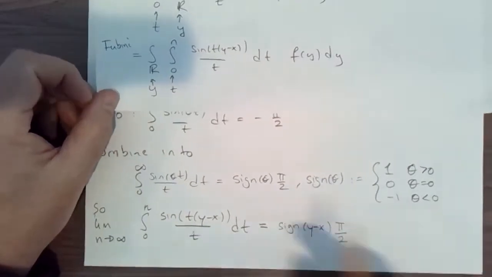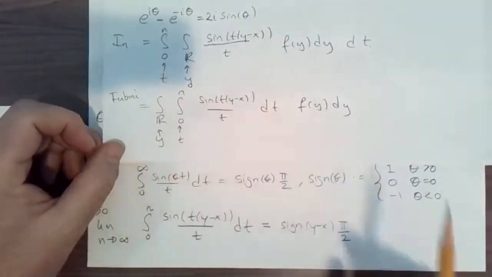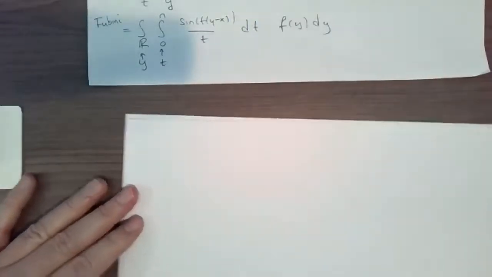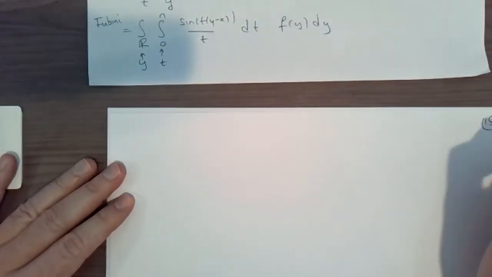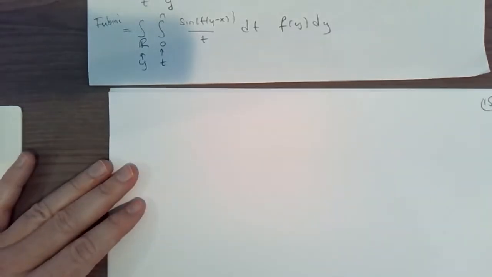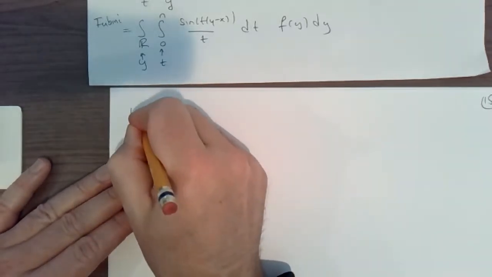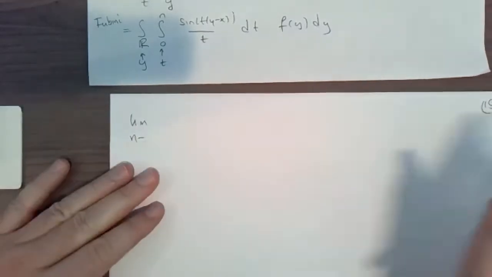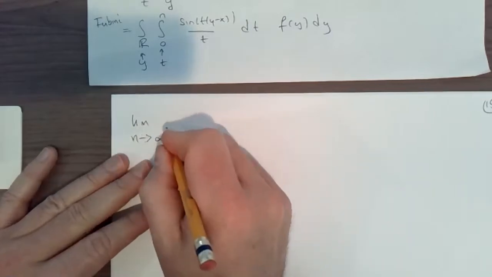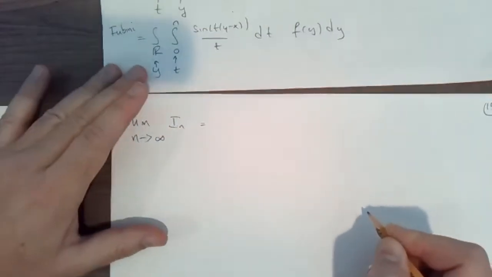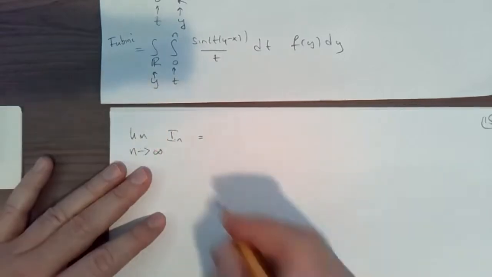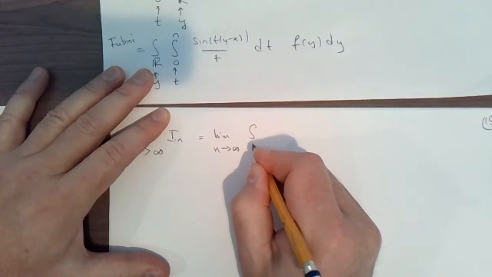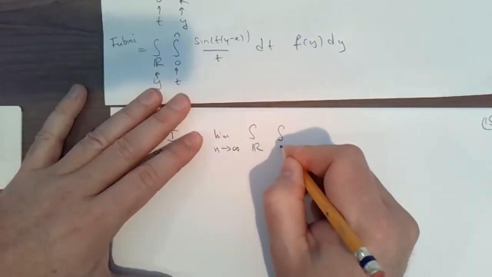Okay, we're interested in the limit of these I_n and seeing what we get. So let's try to do that one. This is the final step. The limit as n goes to infinity of these I_n would be the limit as n goes to infinity, integral over R, integral from 0 to n.